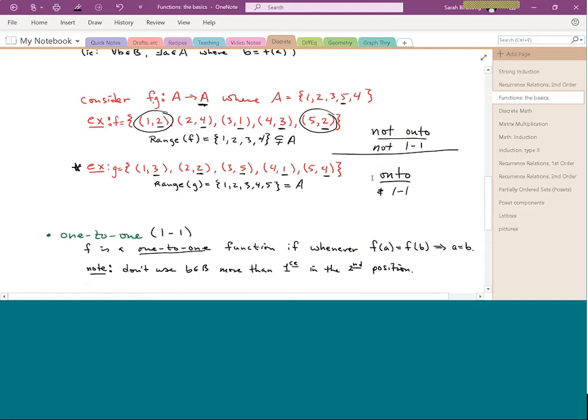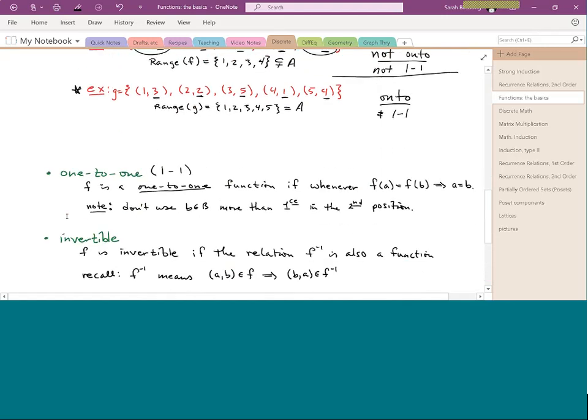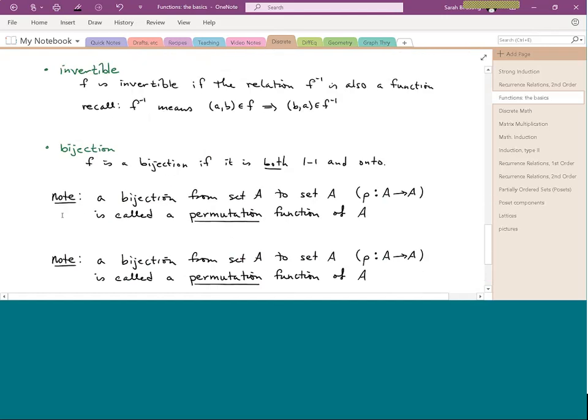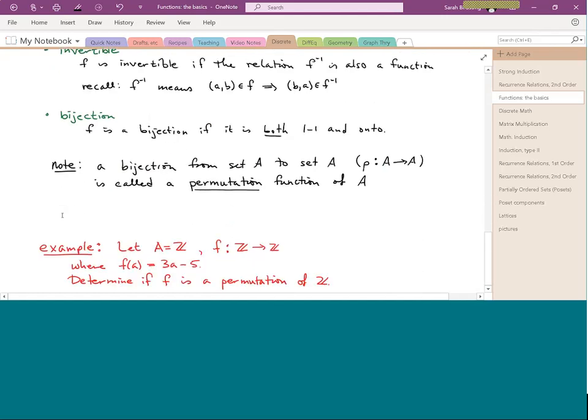It turned out to be both one-to-one and onto. This guy right here is an example of a permutation function, a finite permutation function, because we're on a finite number of elements.